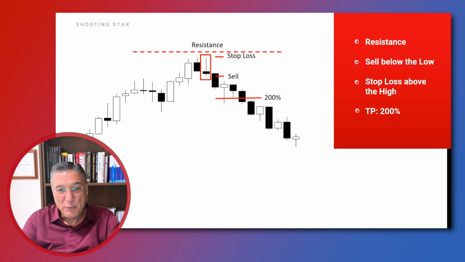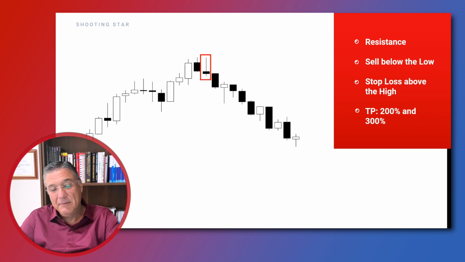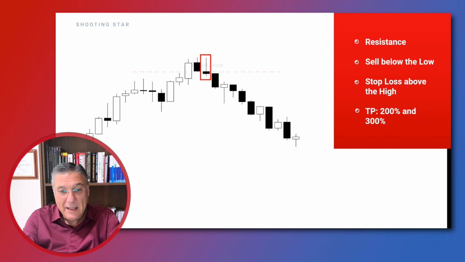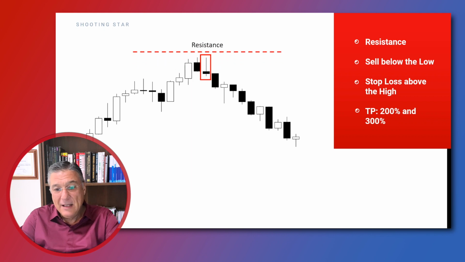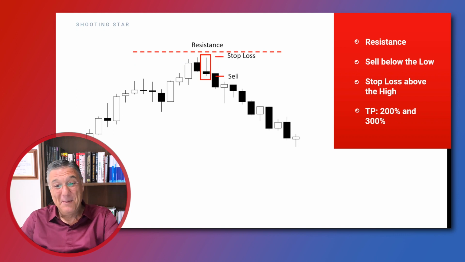Now, let's improve it. Once again, in a similar scenario, we identify the shooting star at the top of the rally near a resistance area. We place a sell order right below the reversal pattern and a protective stop loss right above the pattern.